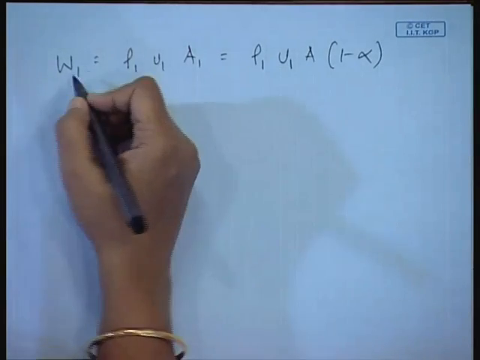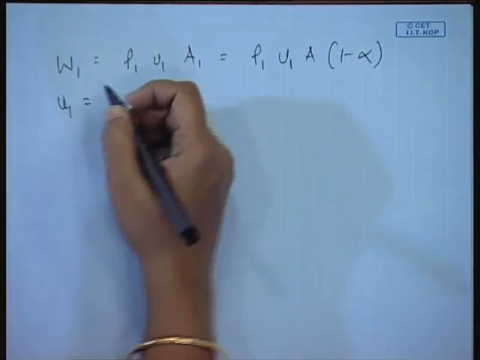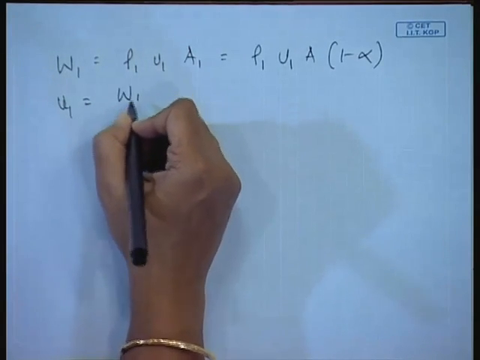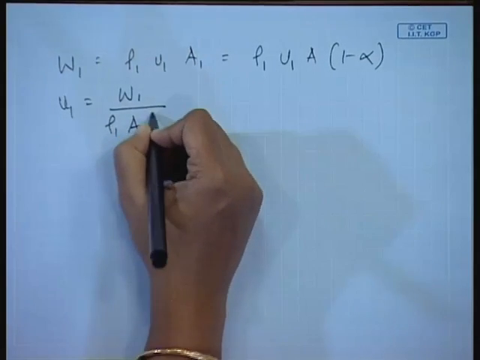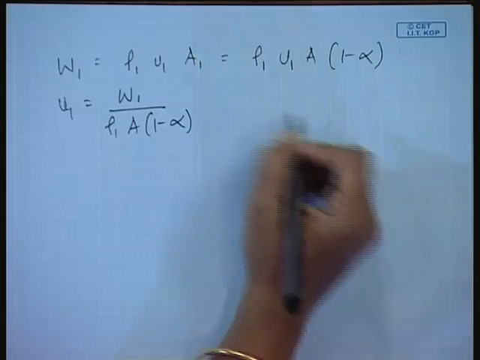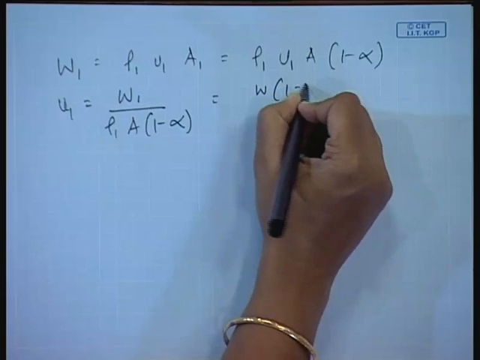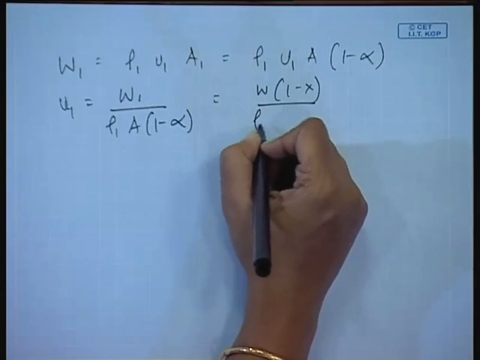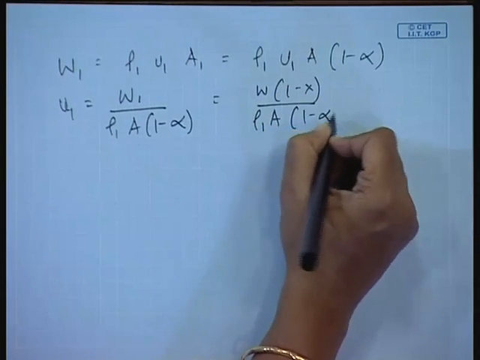Okay. So, from here we can get U1, it is nothing but W1 by rho 1 A into (1 minus alpha), or in other words this is W into (1 minus x) by rho 1 A into (1 minus alpha).